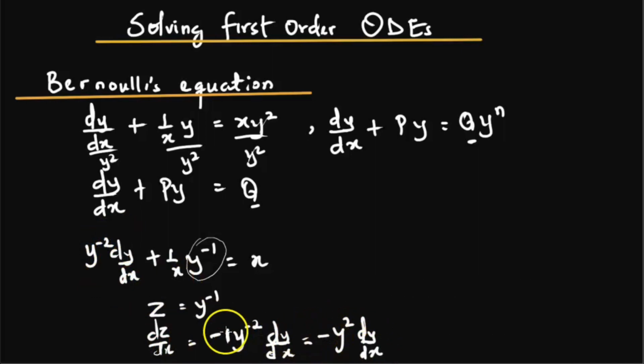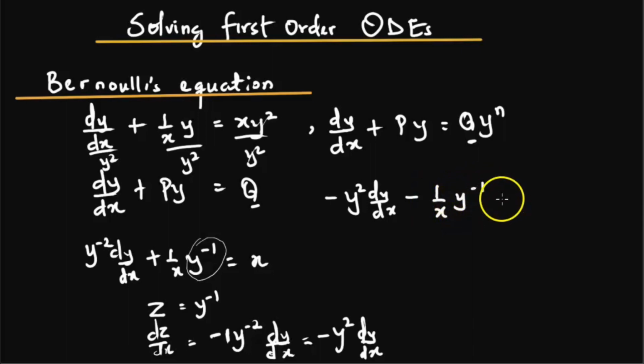So what do we do? We multiply through by minus 1 so that we can bring in the dz/dx. So it becomes minus y to the power minus 2 dy/dx minus 1 over x y to the power minus 1 equals minus x. Okay, so now we can substitute z and substitute dz/dx.